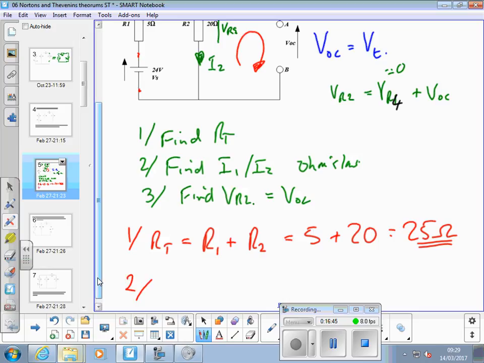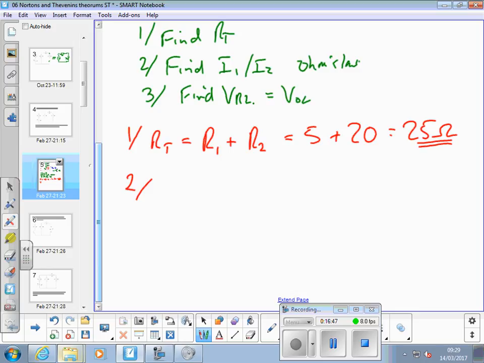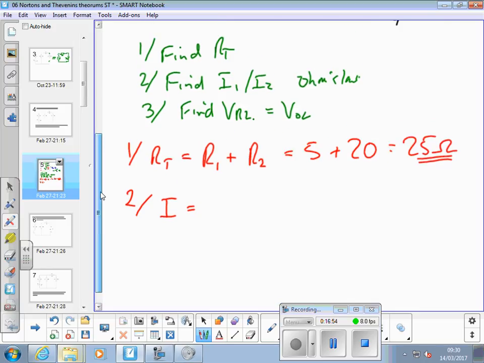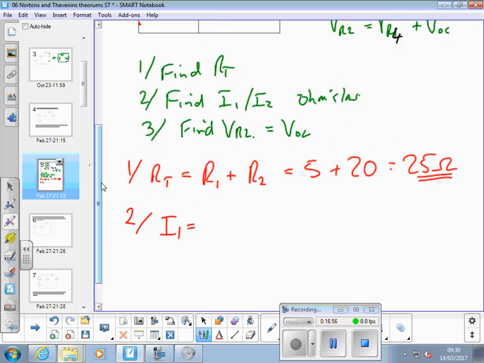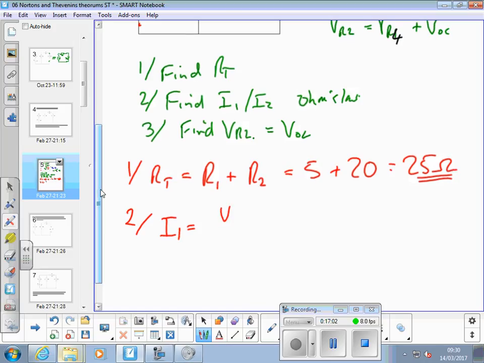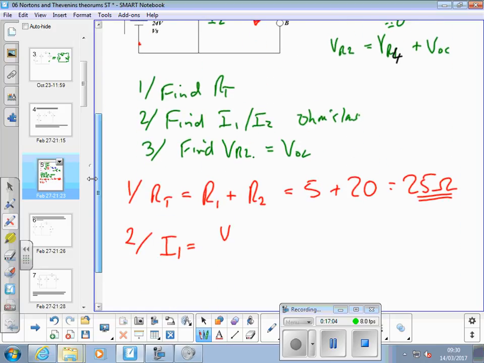So if you know that, how would you find the current? There's only one current. I1 and I2 are the same current. VS over resistance, that's 20.